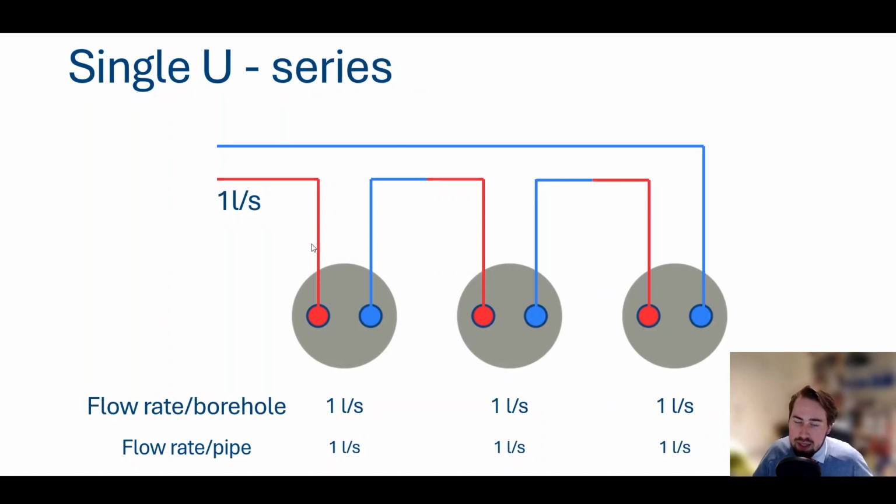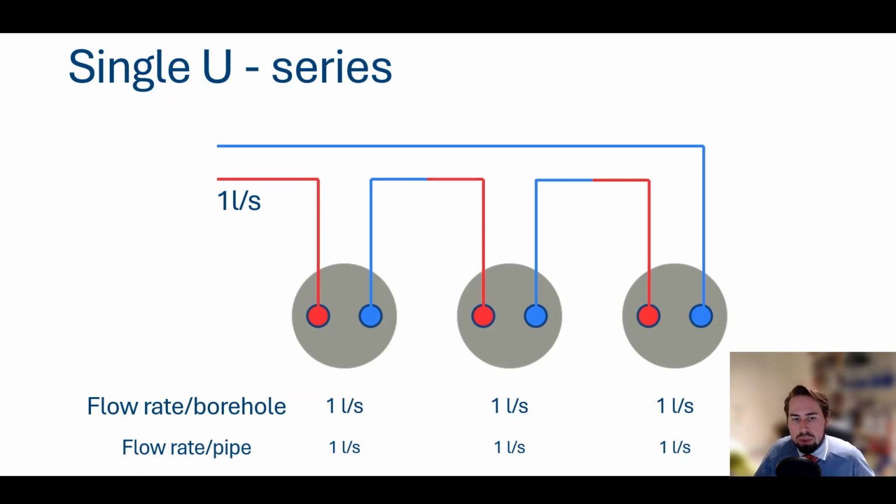And if we connect them in series, we end up with 1 liter per second per borehole, which will be enough for turbulence. So that can be a reason to choose one or the other. On the other hand, you also have the problem of the pressure drop. If you have a higher mass flow rate through a pipe, you will also have a higher pressure drop. But that's something for another video.